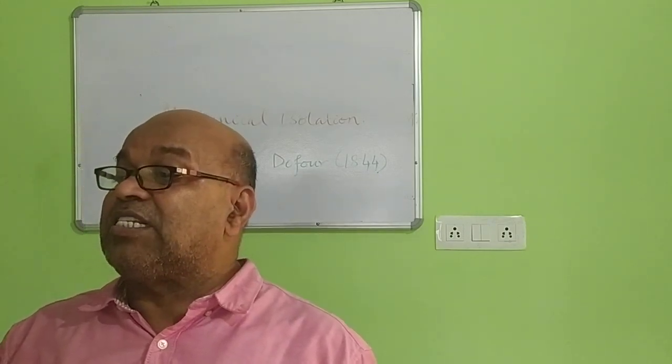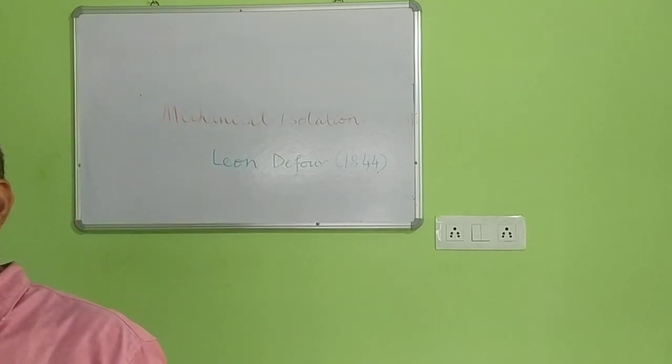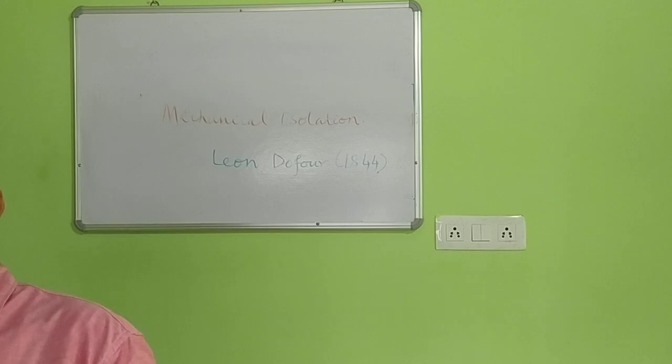There should be exact correspondence between the structures of the male and female genitalia to allow mating.